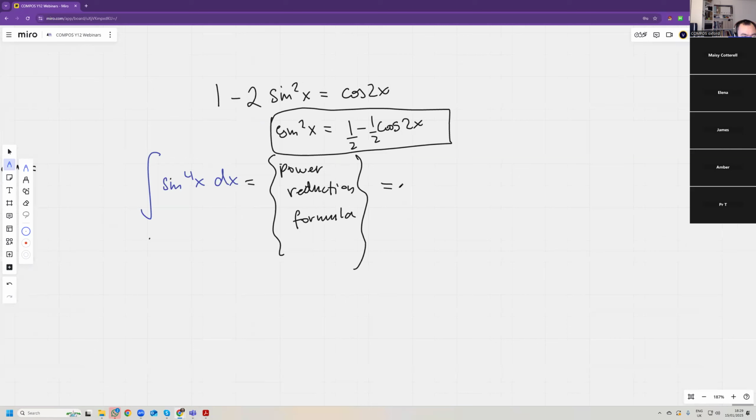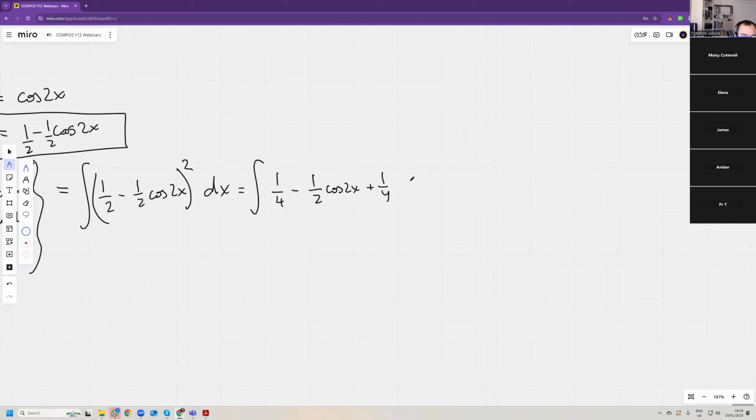So that means we have the integral of 1/2 minus 1/2 cos 2x, all squared, dx, because that's sine squared x. Now we expand. It's 1/4 minus 1/2 cos 2x plus 1/4 cos squared 2x dx.